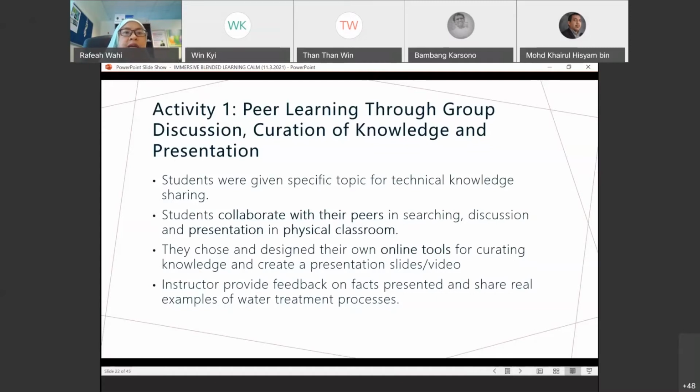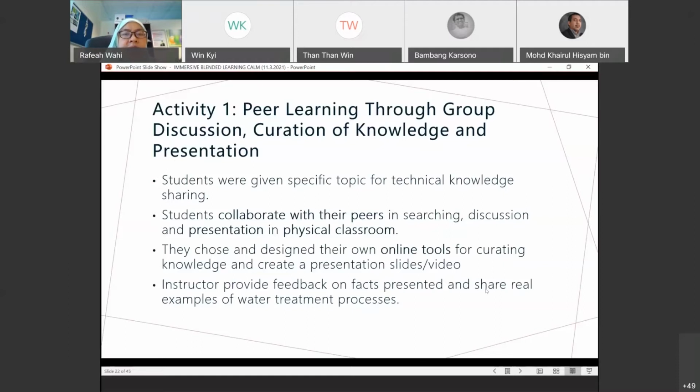Of course, when we ask students to curate knowledge, when we ask students to look for information on the internet, when they present their facts, their material, we as the instructor should give appropriate and immediate feedback to their presentation, especially on the facts that they are presenting.